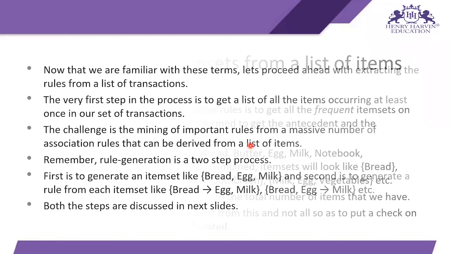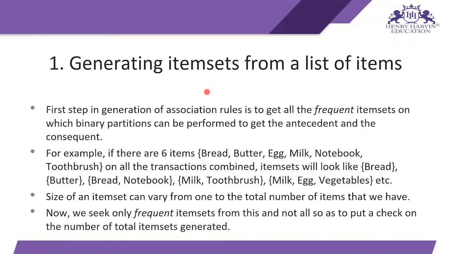Now let's come to the next slide, which is generating item sets from a list of items. The first step in generating association rules is to get all the frequent items on which binary partitions can be performed to get the antecedent and the consequent. Make as many association rules as you can from the antecedent and the consequent.